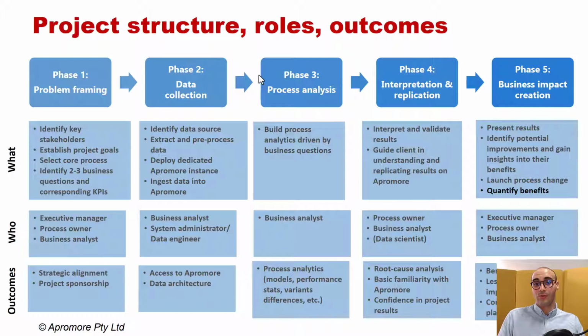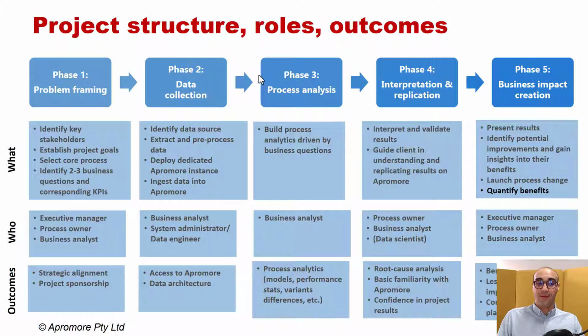And after that, you interpret the results with the process owner, and you identify the root cause of every issue that you have, of the bottlenecks that you have. And the last phase is to create the impact. So you perform reasoning to prove or validate your hypothesis, using quantities of what the benefits are from applying these kinds of policies, and what the costs are going to be if we don't do that.